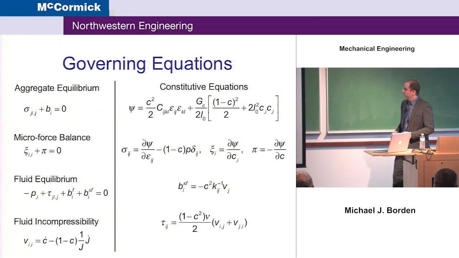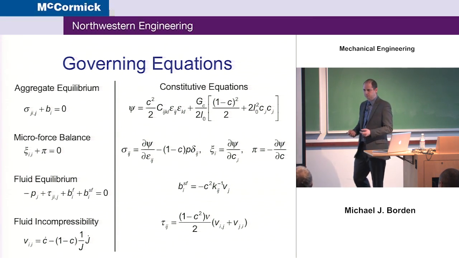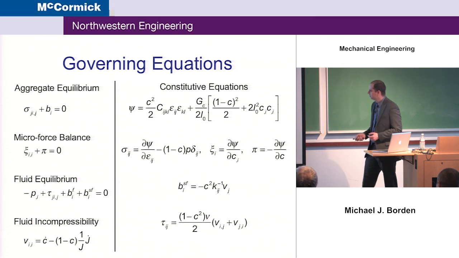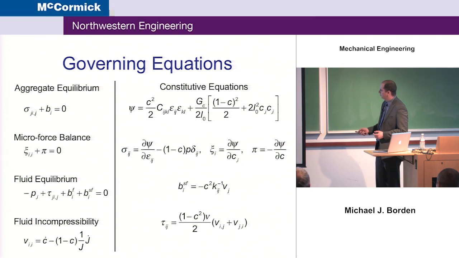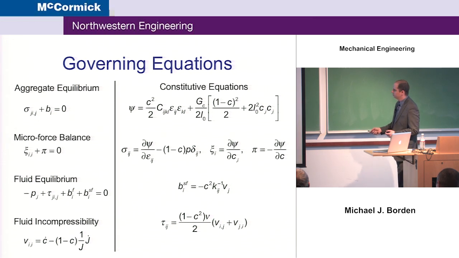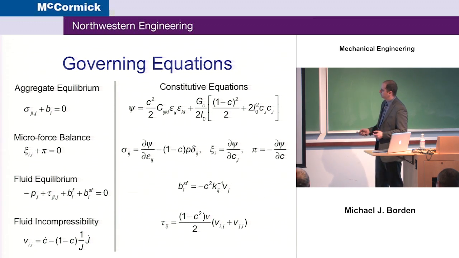So let's look at the governing equations now for the fracking problem. We said we can do pressurized cracks. Here, if we define our stress, here's our pressure term that we had in our weak form. Now we show it here in the stress. We have equilibrium of the solid.